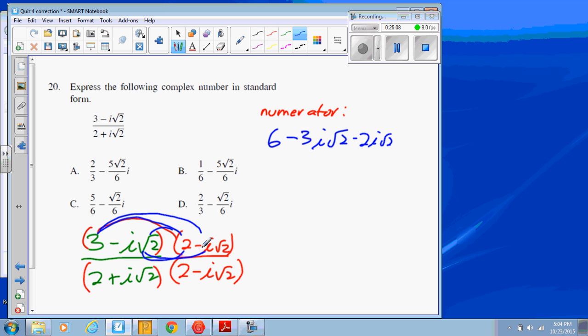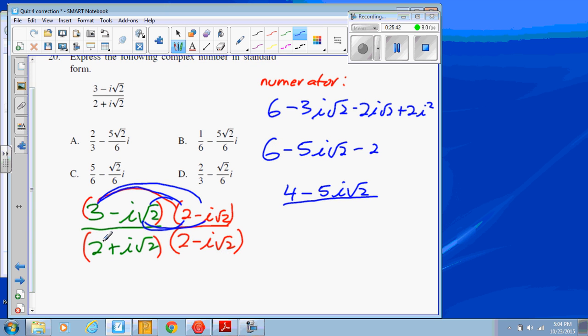And then the last term is going to be plus 2i squared, because square root of 2 times square root of 2 is 2, and i times i is i squared. So that's going to simplify to 6 minus 5i square root of 2. Remember, plus 2 times negative 1 is minus 2, so that's going to be 4 minus 5i square root of 2. That's the numerator.